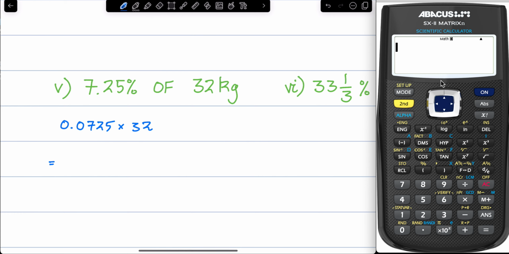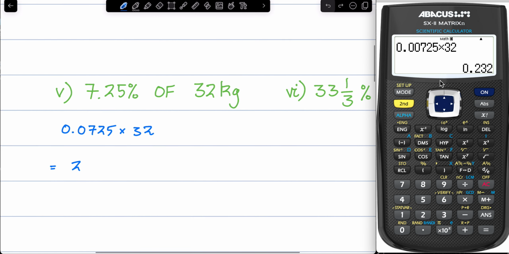So 0.0725 times 32 kilograms, we get 2.32 kilograms. There we go. 2.32 kilograms.